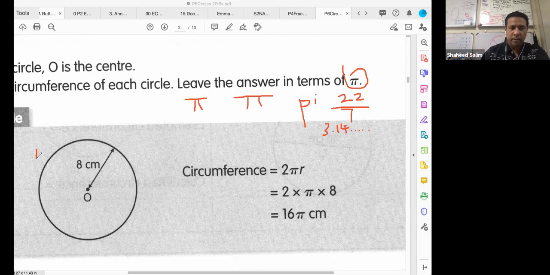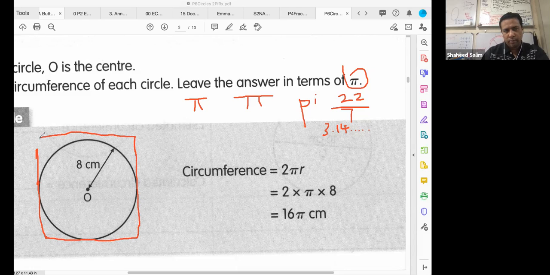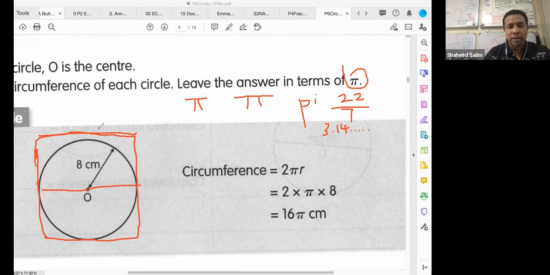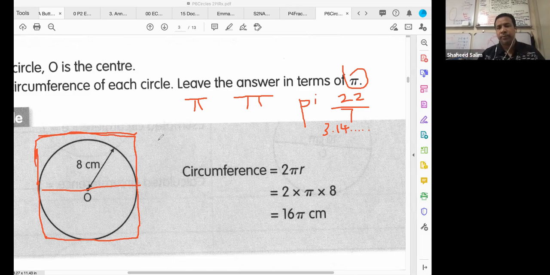Let's say now you have this square. If you want to find the perimeter, you take the diameter plus diameter plus diameter plus diameter. So you find a square, you want to find the perimeter, you just add 4 diameters.